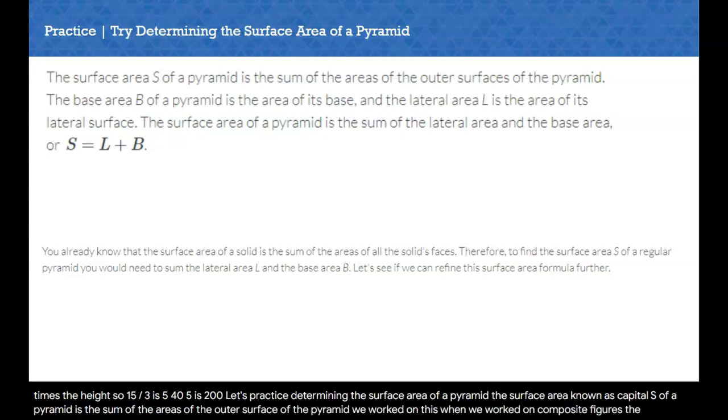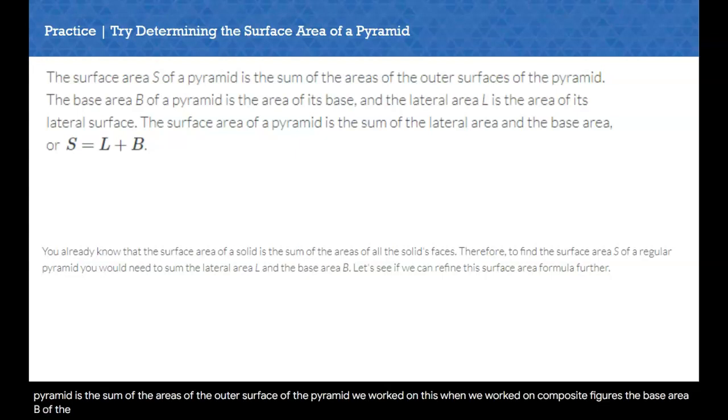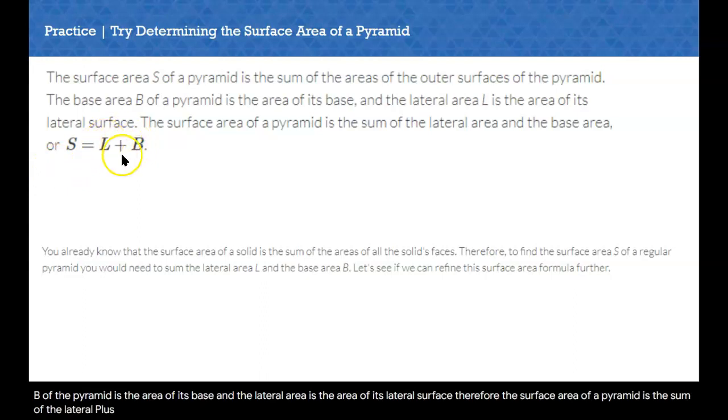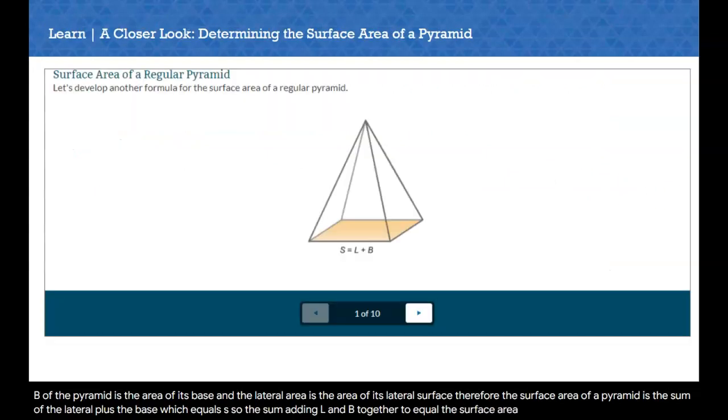The base area B of the pyramid is the area of its base, and the lateral area L is the area of its lateral surface. Therefore, the surface area of a pyramid is the sum of the lateral area plus the base area, adding L and B together to equal the surface area S.